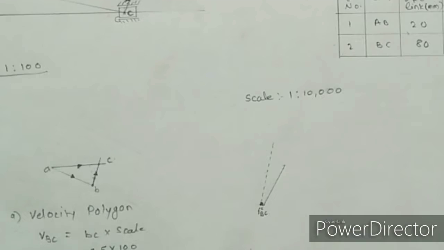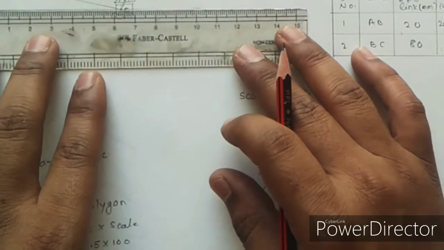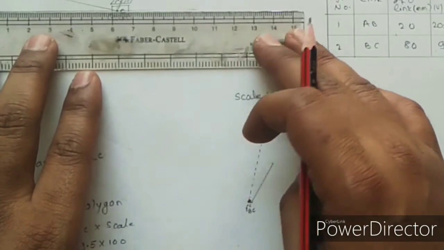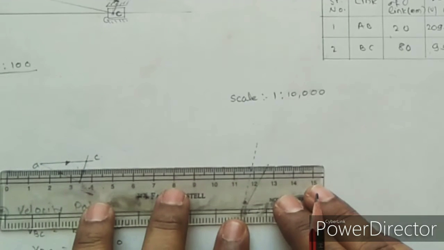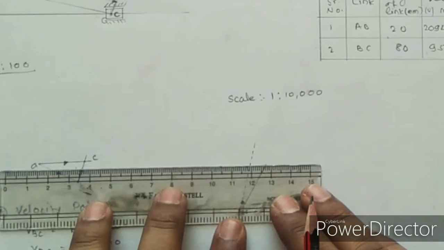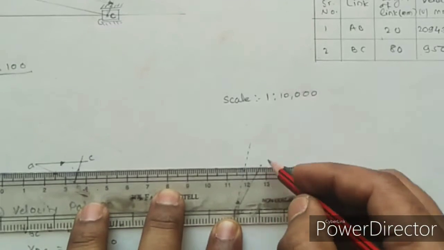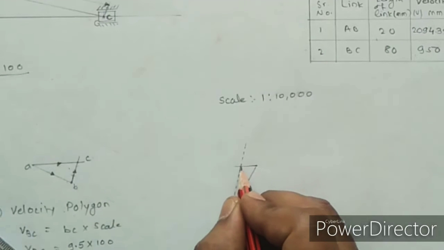Now next one is the slider. Slider is having a reciprocating motion. So just draw a line parallel to the line of action of slider, that is linearly, through the A dash. That line through the A dash intersects the tangential acceleration at point C dash.